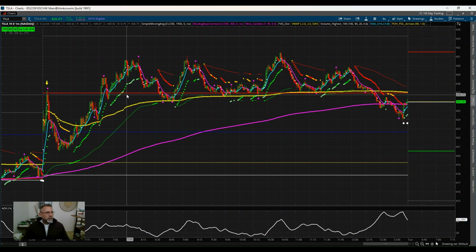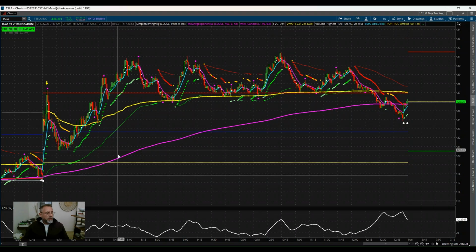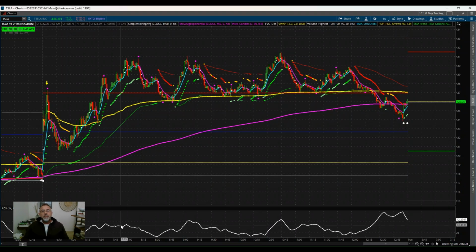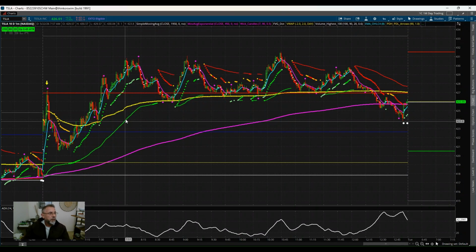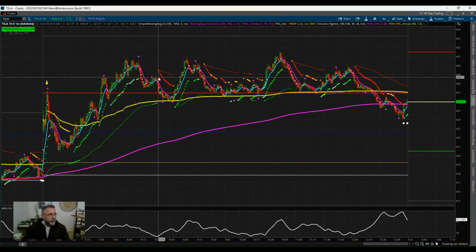You'll see there are slightly different colors, either light green or dark green. That depends on whether the ADX is rising or falling. If the ADX is rising, that means the trend is strengthening. If it's falling, that means the trend is either slowing down or the stock is going into a consolidation period. So you'll see here, these are all red candles, which means this trend is strengthening.